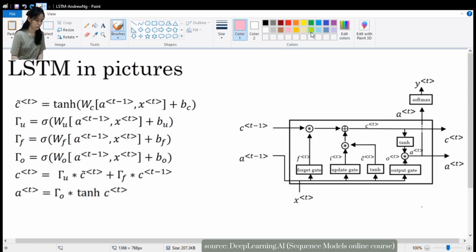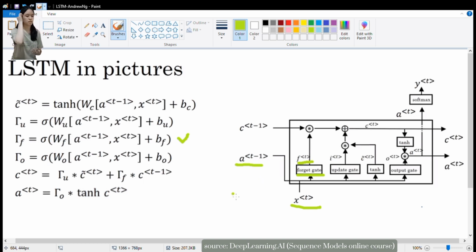Okay, so taking a and x, taking the coefficients from the previous time step and the input data of the current time step, we could put them into the forget gate, where this function would be calculated, and what comes out of the forget gate is the forget constant.